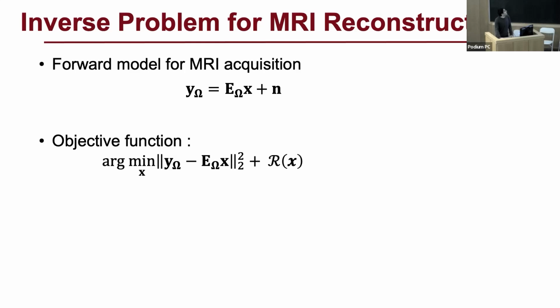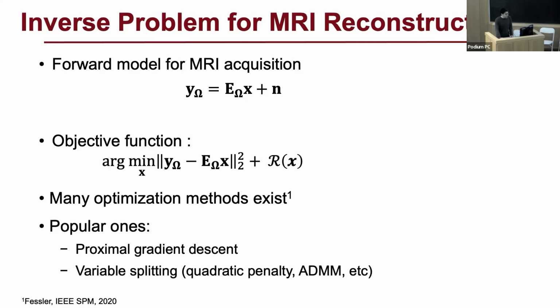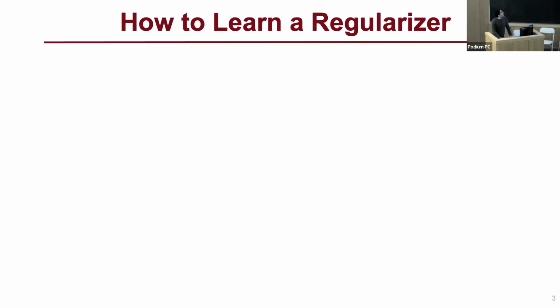And as we have seen, there are a lot of approaches that we can use to solve this problem. Some of the popular ones would be proximal gradient descent and also the variable splitting approaches. And so the question is, how can we learn a regularizer?